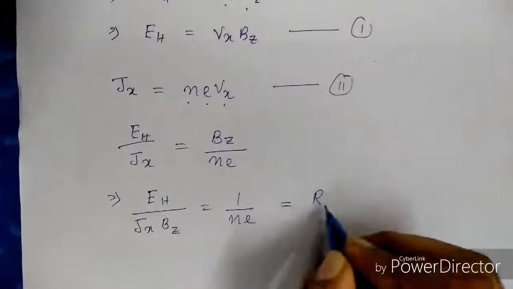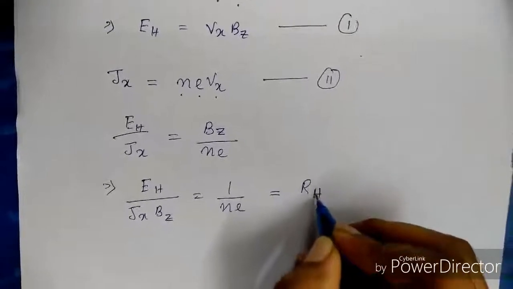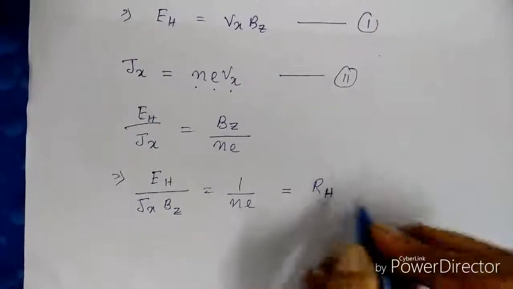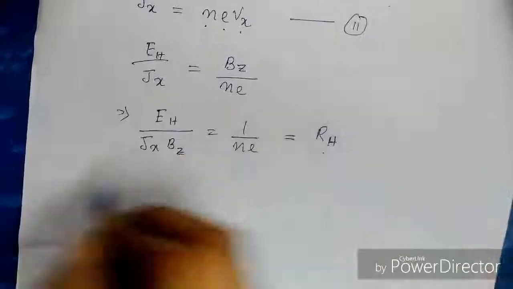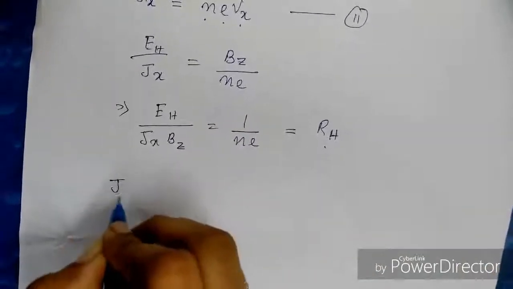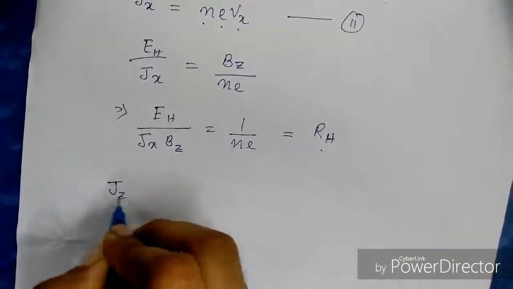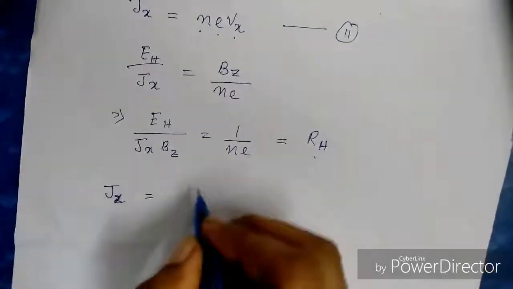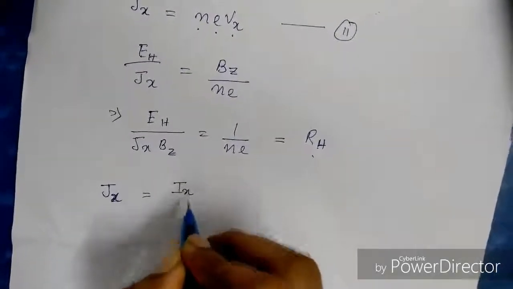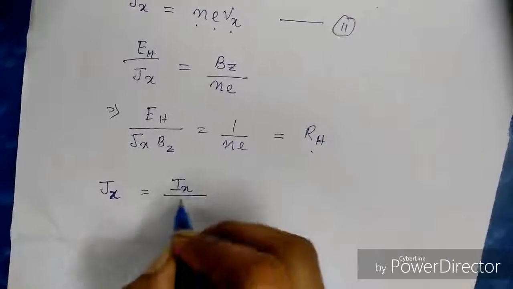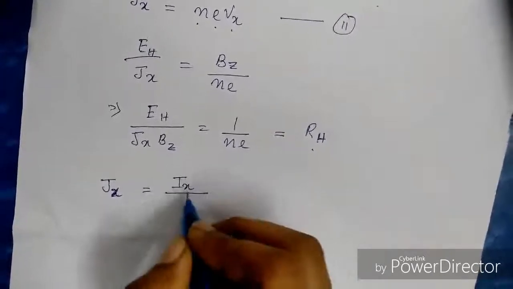This is known as the Hall coefficient RH.